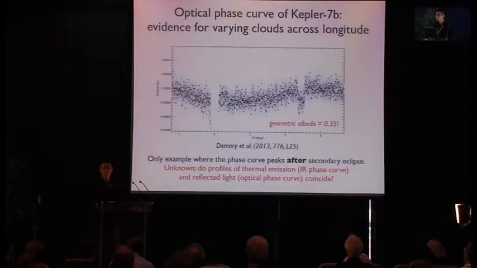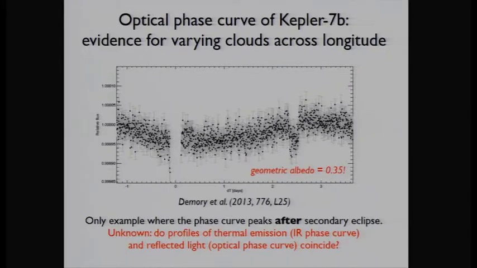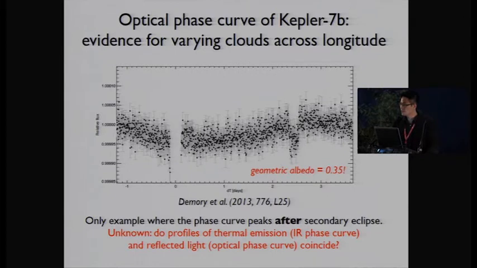From a theoretical point of view, what's interesting about this phase curve is that it peaks after secondary eclipse. As far as I'm aware, and people can correct me, all of the infrared phase curves peak before secondary eclipse. The very interesting theoretical question here is if the phase curves in the infrared, which traces the thermal emission, and the phase curve in the optical, which traces reflected light, coincide and trace each other.